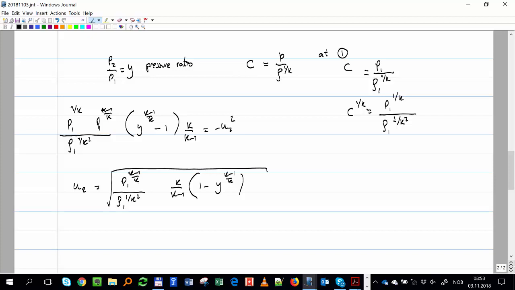In this expression I substitute density 1 will be P1 over R T1. I'm not going to do it because that will be more homework.